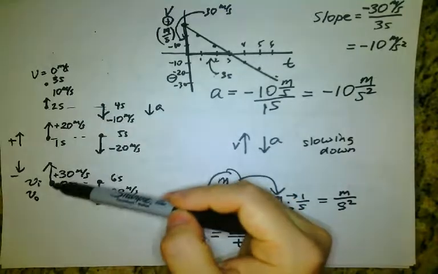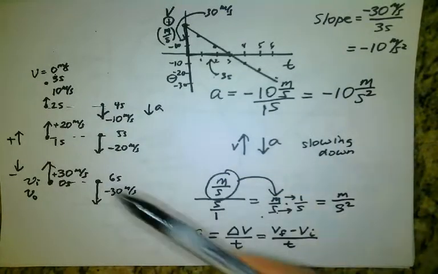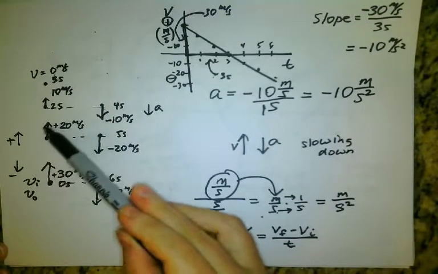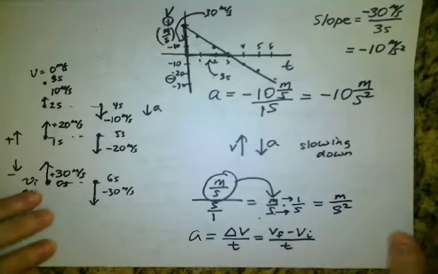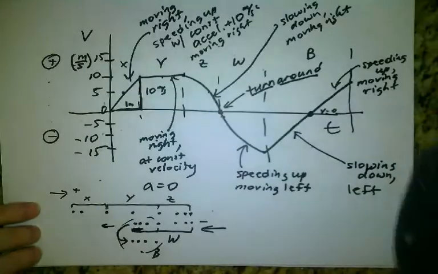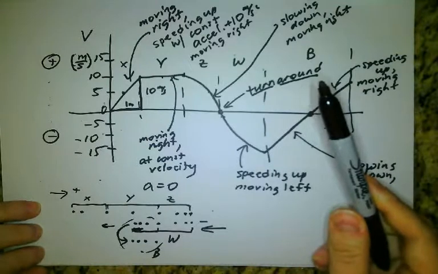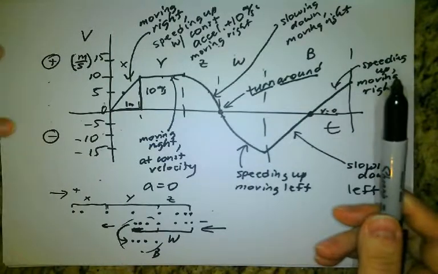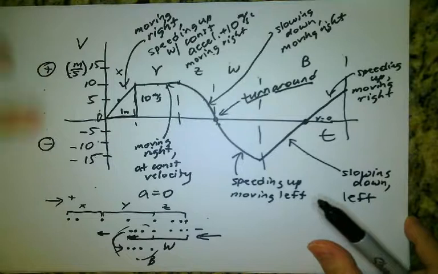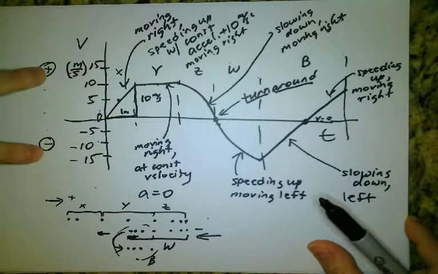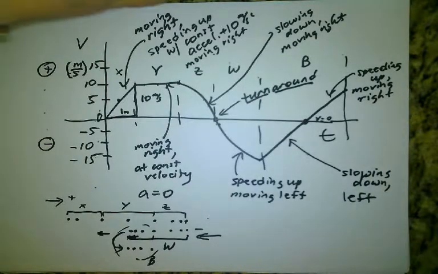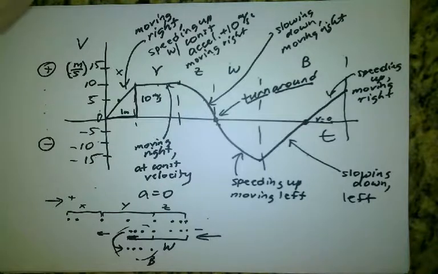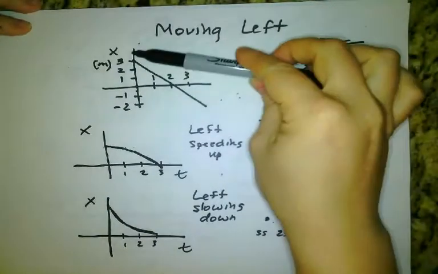So just to review, for velocity time graphs, you really have to pay attention to what's positive and what's negative because that's direction. In the previous video, we talked about position time graphs, and there, left and right just meant, if you're moving left, your position numbers are decreasing.